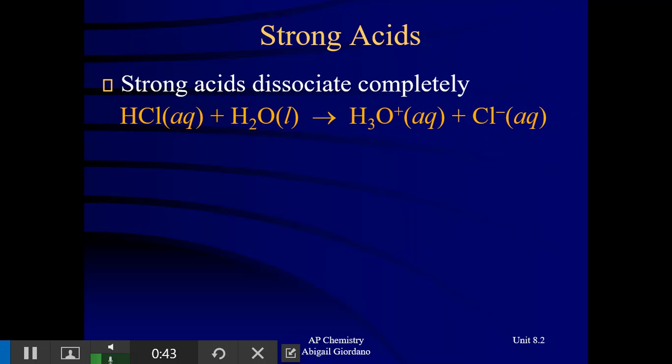Just as an example, hydrochloric acid is a strong acid. If you look at this reaction, hydrochloric acid is doing what Bronsted-Lowry acids do. It's donating its hydrogen to the water. And the fact that it is a strong acid means that this reaction is essentially going to go to completion.